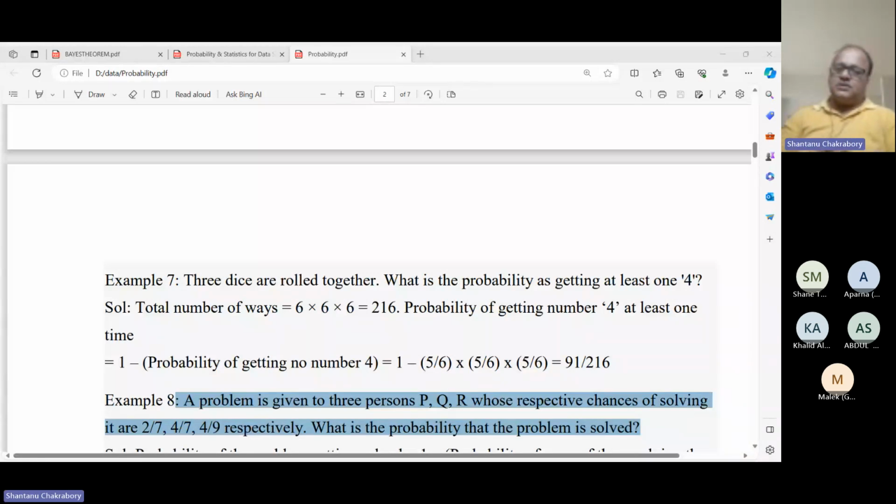It's given to three different persons. The three different persons are trying to solve the problem, and the chances of solving the problem are 2 by 7, 4 by 7, and 4 by 9. You have to find out the probability that the problem is actually solved.